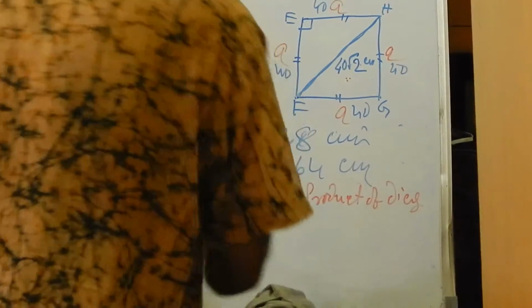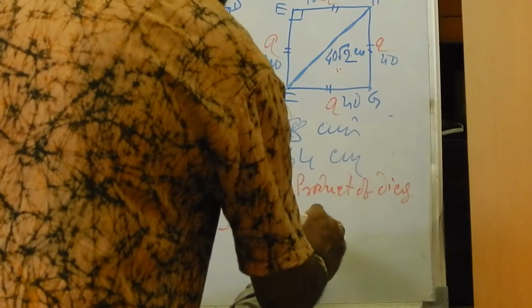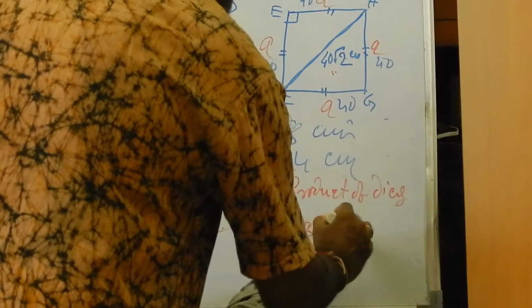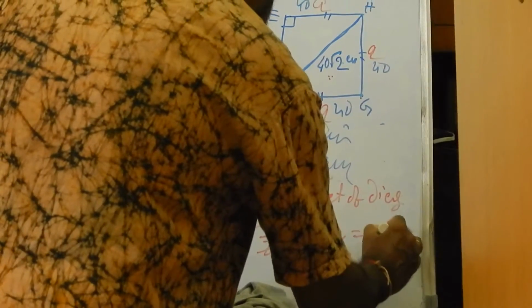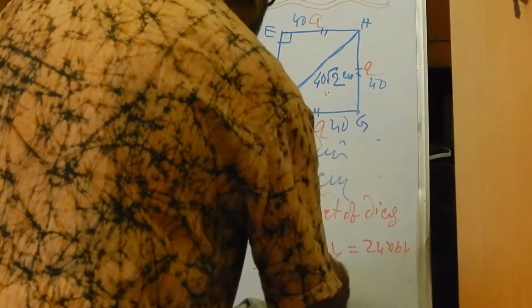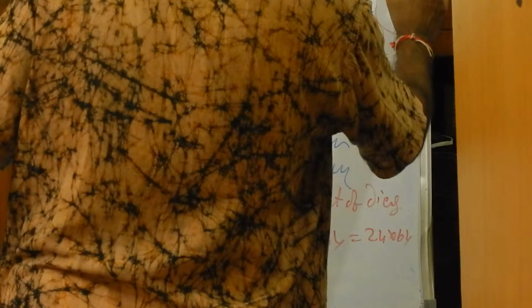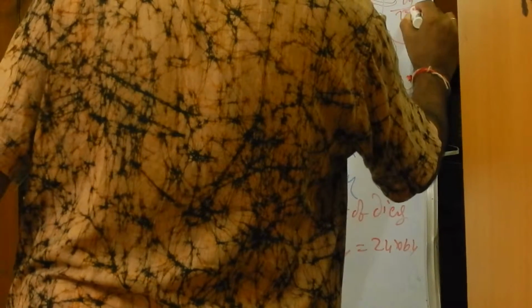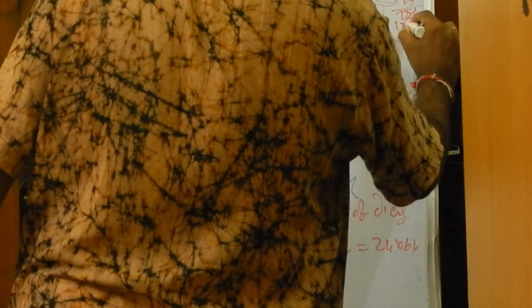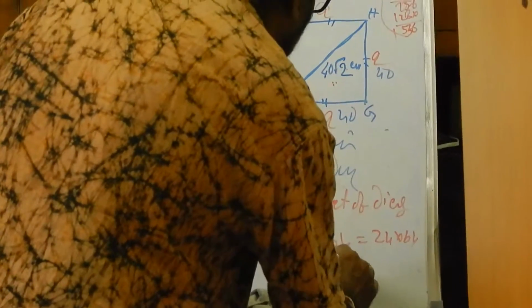So here are the diagonals BD and AC. So half into 48 into 64. So 24 into 64 equal to 1536 square centimeter.